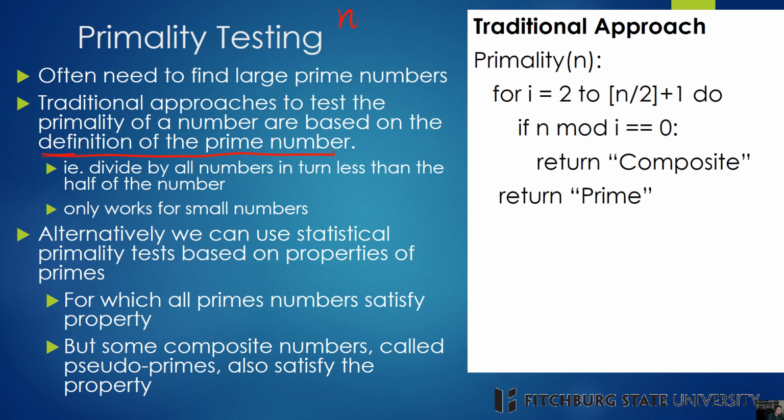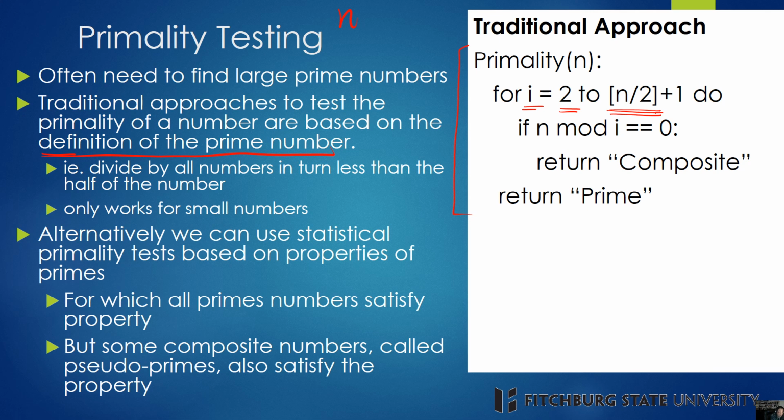On the right, we provide this pseudocode to test whether n is a prime number. We do the loop for i from 2 to half of n, that's floor division, plus 1.